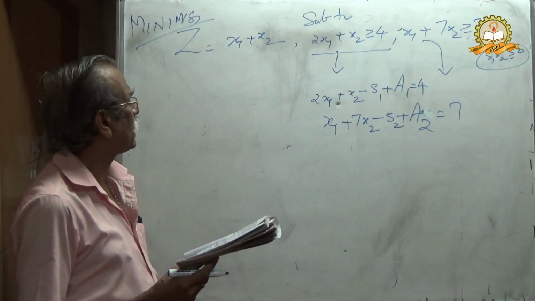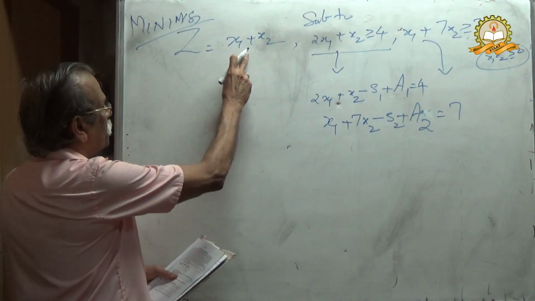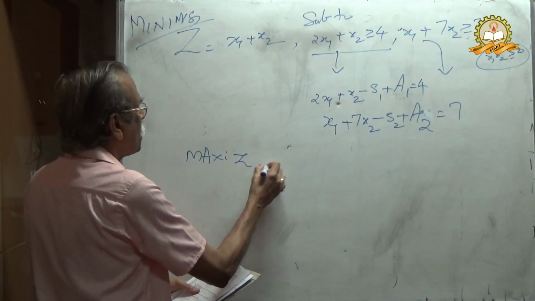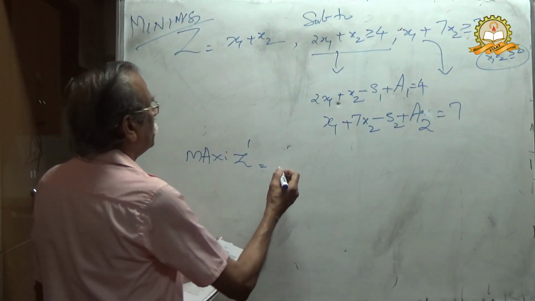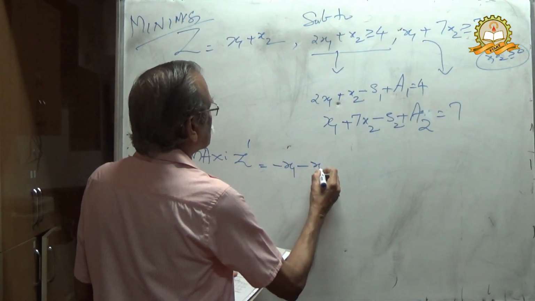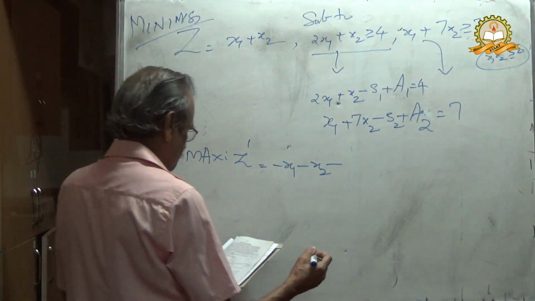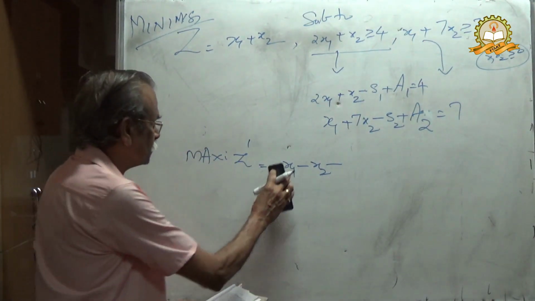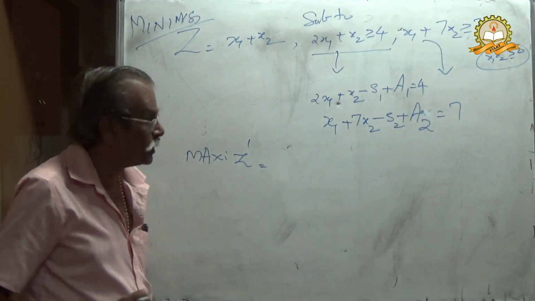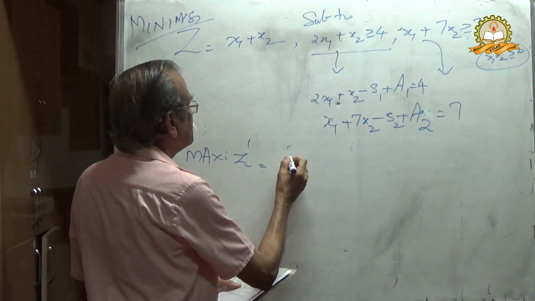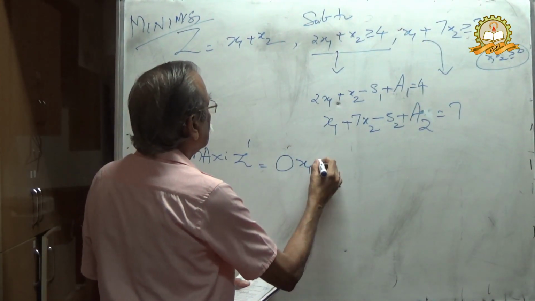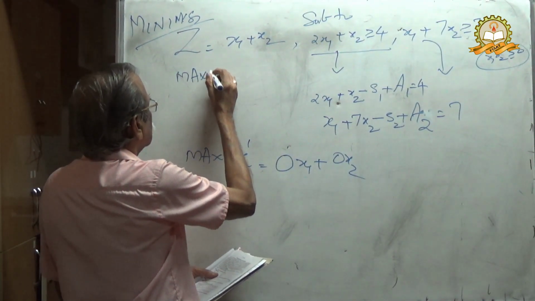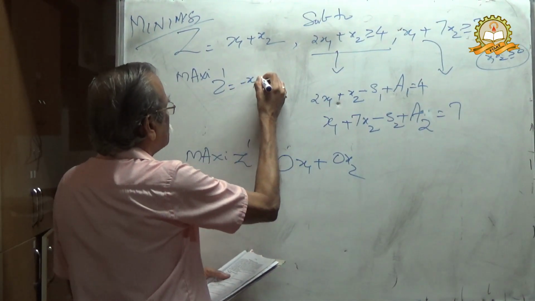Since you have multiplied by negative 1, you have maximize z dash equal to minus x1 minus x2.